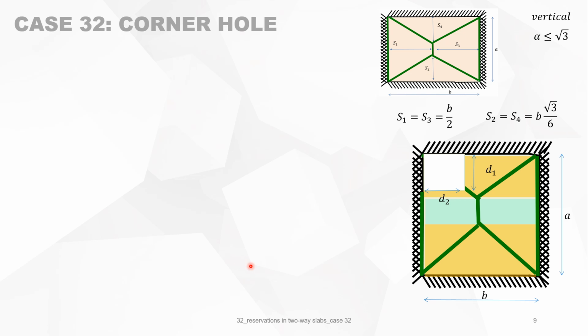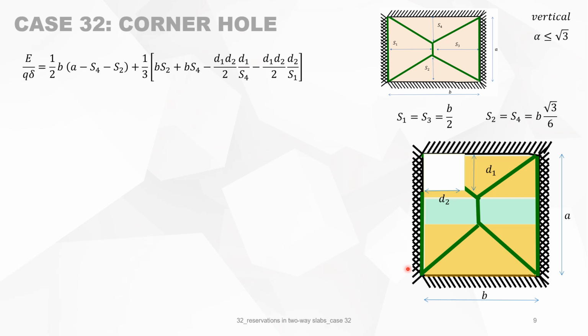We can now calculate the work done by the external forces, which is for the green part, B times A minus S2, S4, multiplied by the mean deflection of a rectangle, which is delta over 2, and that gives you this expression. For the triangles, we got B times S2 plus B times S4, but now we have to subtract the reservation.